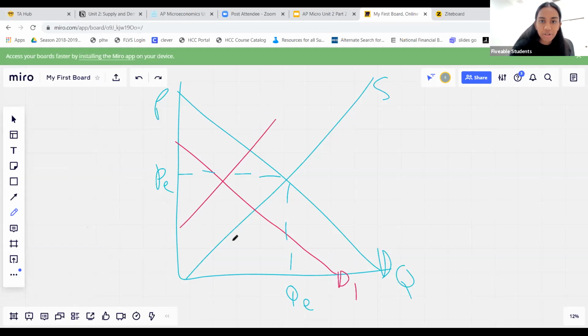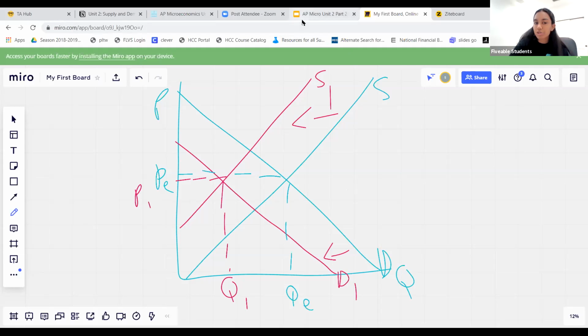That was a bad supply curve. So our demand and supply decrease. So our new equilibrium price and quantity is somewhat like this. So Q1, P1.